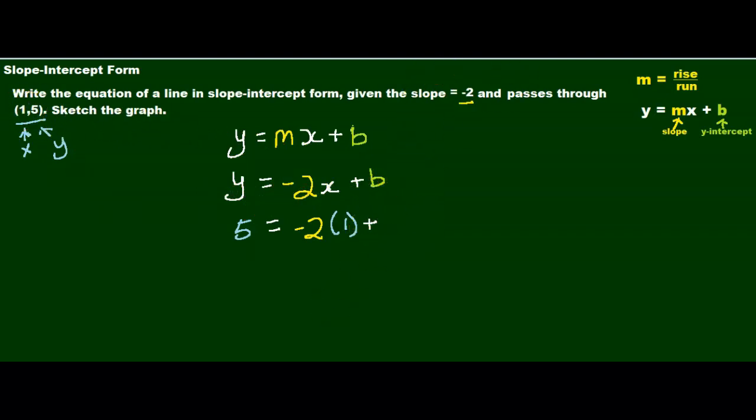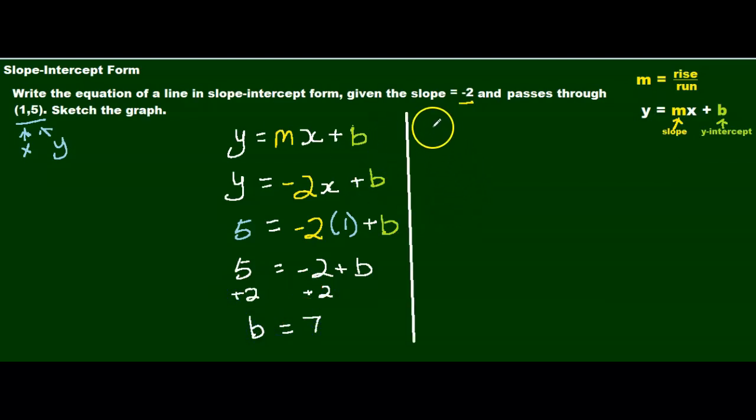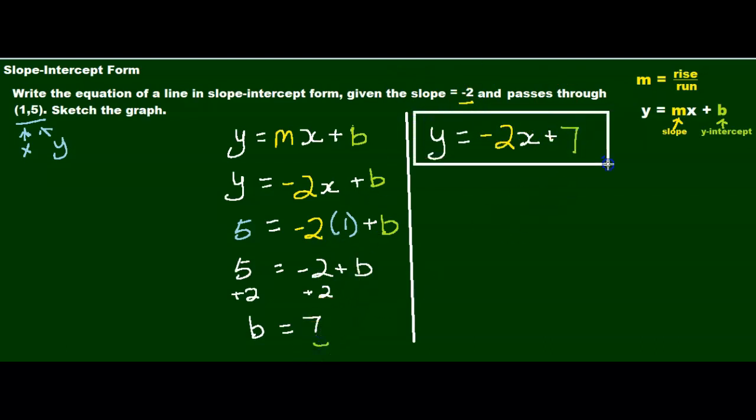And I have my plus b, the y-intercept that we're trying to find. Simplify. 5 equals -2 times 1 gives me -2 plus b. Add 2 on both sides. My b equals 7. Therefore, I can say that my y equals -2x plus, what's my b? My b we found is 7. And this is the equation of the line.